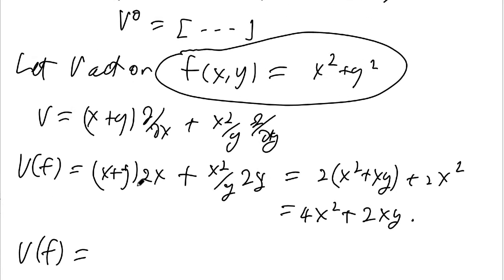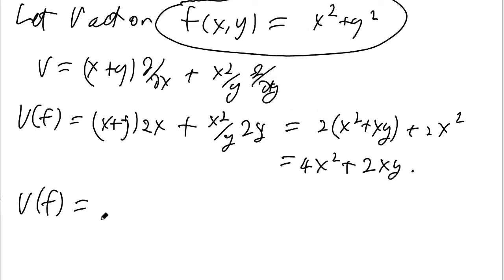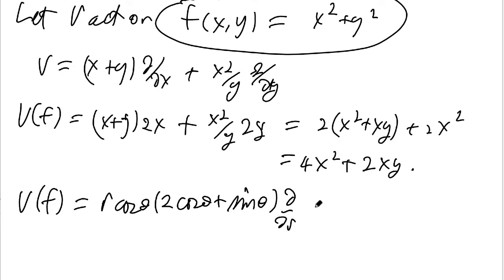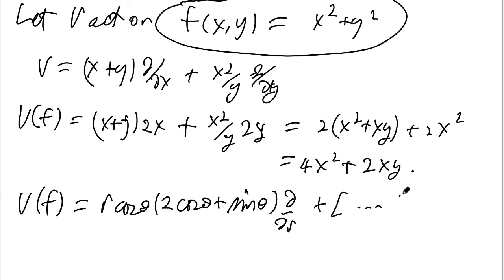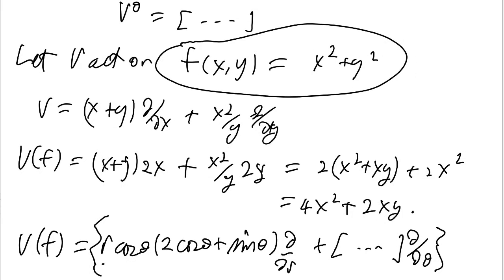In polar coordinates, we have the component v^r is r cosine theta times 2 cosine theta plus sine theta, d by dr, plus some coefficient that we didn't actually compute, d by d theta. All that acting on the function, which is just r squared.